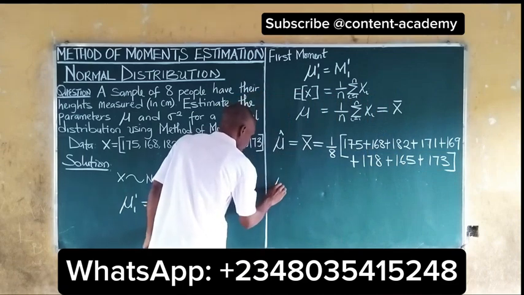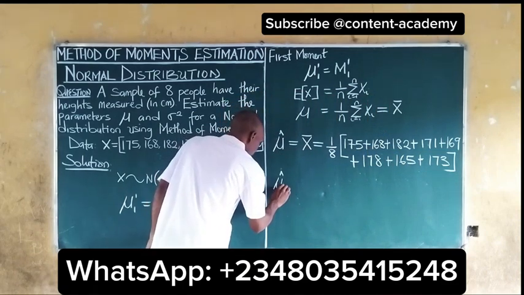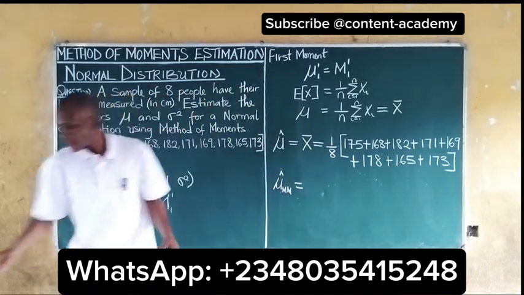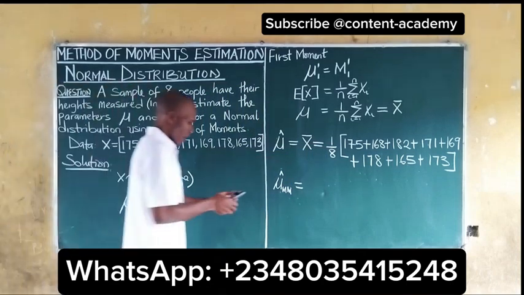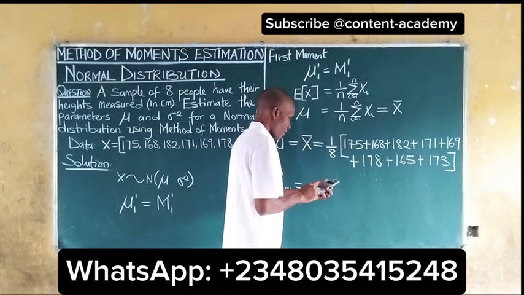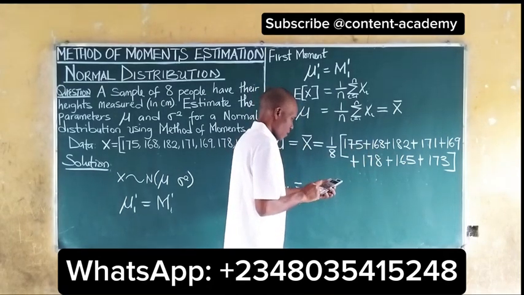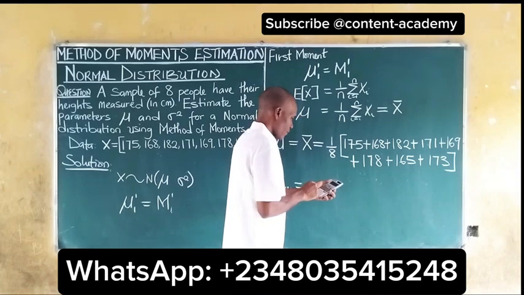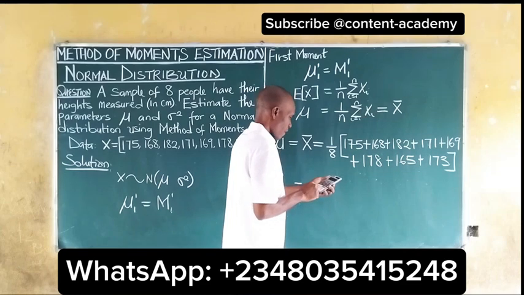So our estimate for the mean will be the sum of the whole of this, which is 175 plus 168 plus 182 plus 171 plus 169 plus 178 plus 165 plus 173.